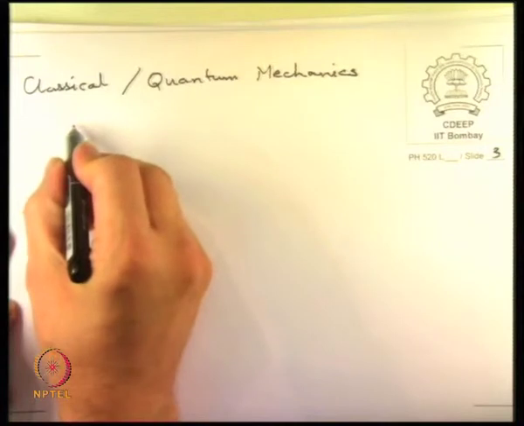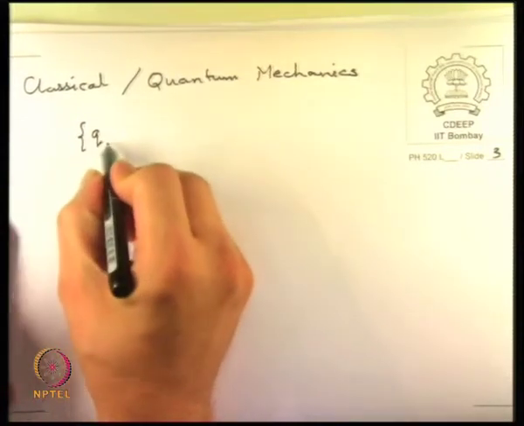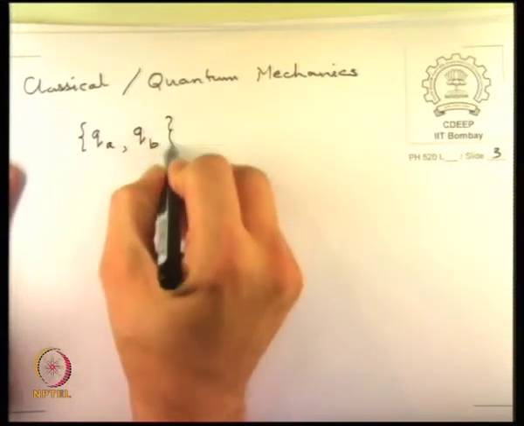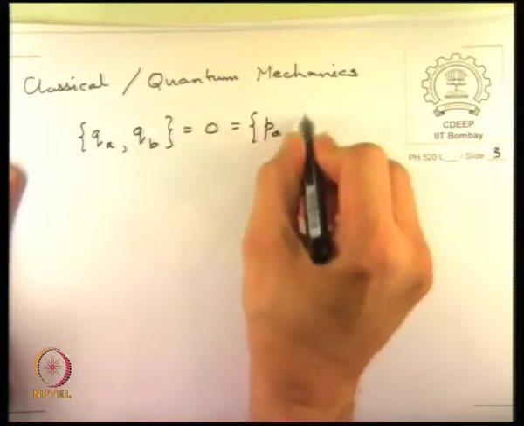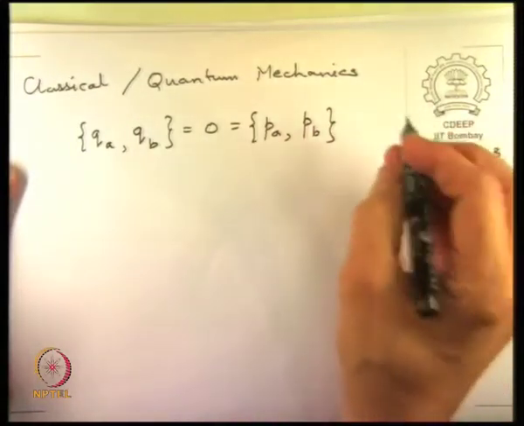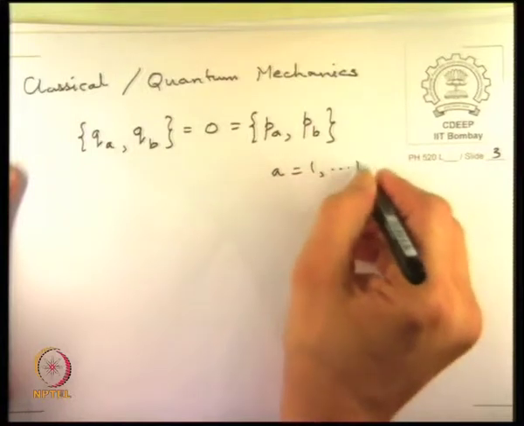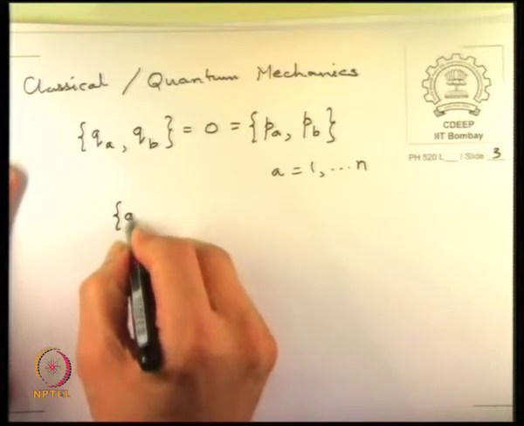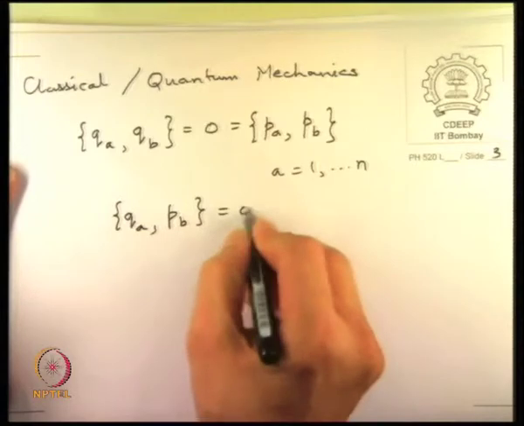We have either the Poisson brackets, which we say [Q_A, Q_B] equal to 0 equal to [P_A, P_B], A equal to 1 to N, but we also have the requirement that [Q_A, P_B] are equal to delta_AB.